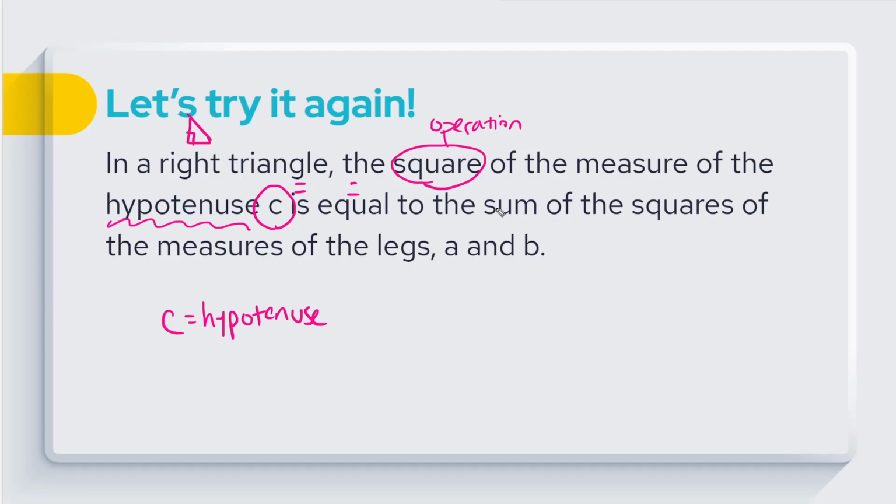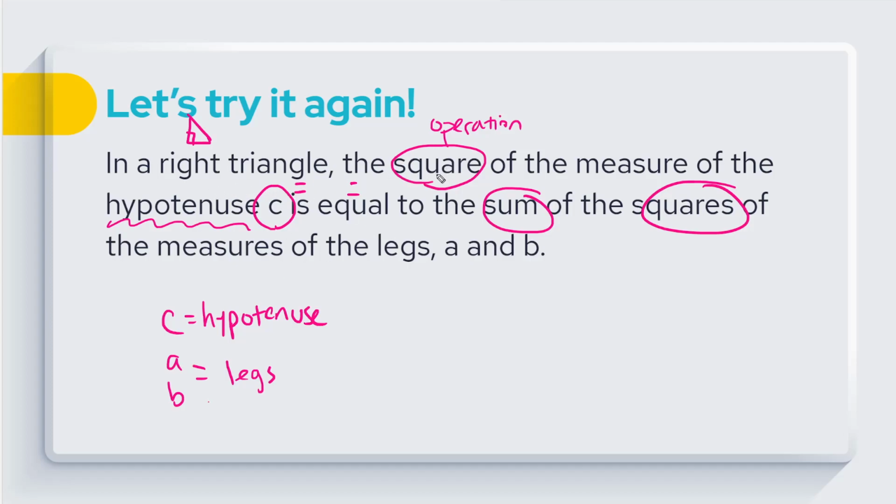Is equal to the sum. Here's another operation of the squares of the measures of the legs A and B. A and B are both legs. So we have our variables, and all we need to do is write our equation.